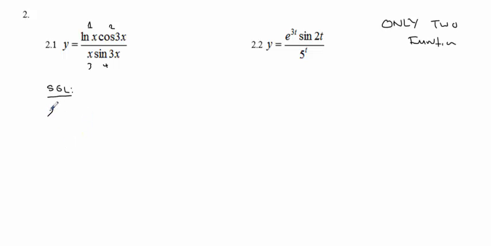So then we're going to say ln y equals ln of this quotient here, which is ln x cosine 3x over x sine 3x. Actually, this exercise, I'm not really very fond of.